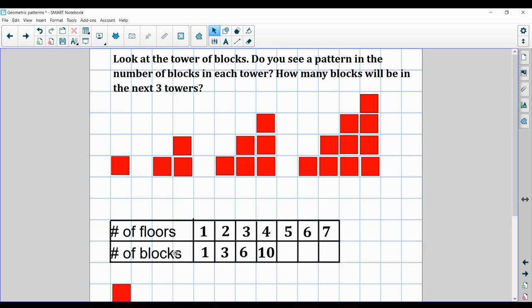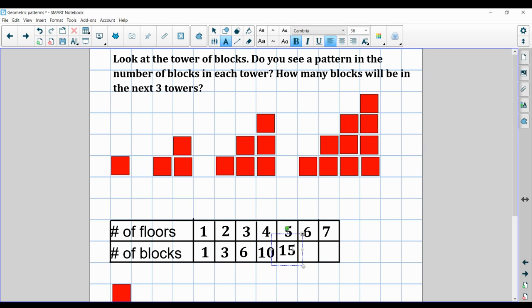So how do I figure out how many blocks there are in the full pattern? Look what happens this time when I go across horizontally. From 1 floor to 2 floors, I'm adding 2 blocks. From 2 floors to 3 floors, I'm adding 3 blocks. From 3 floors to 4 floors, I'm adding 4 blocks. That means from 4 floors to 5 floors, I should add 5 blocks. If I add 5 blocks to the 10 I already have, I'm going to have 15 blocks.